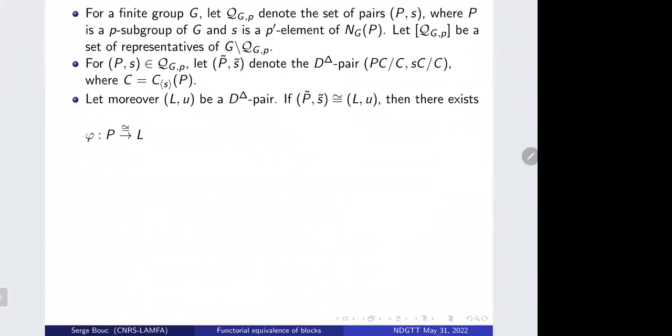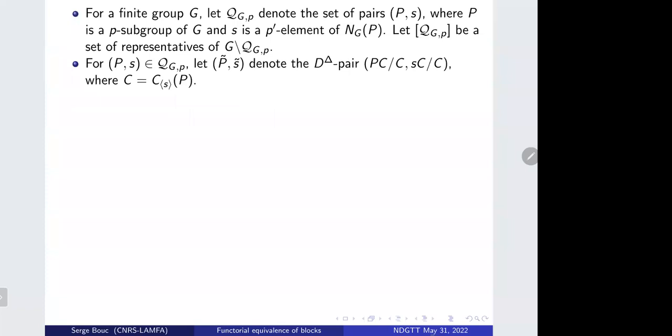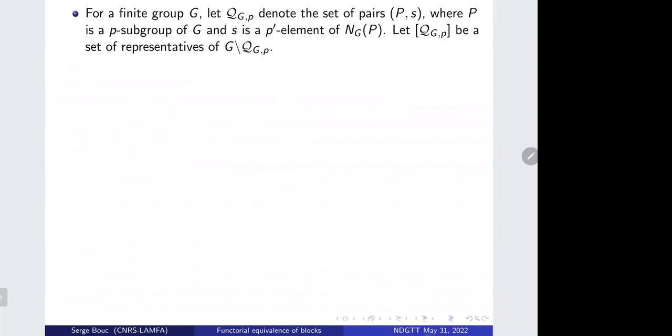So for a finite group G at the top, we denote by Q_{G,p} the set of pairs (P, s) where P is a p-subgroup of G and s is a p'-element in the normalizer. The group G acts by conjugacy on the set of these pairs, and we denote by brackets a set of representatives of orbits.